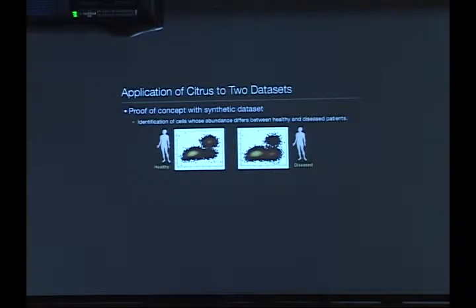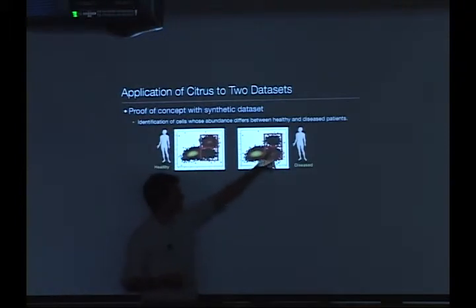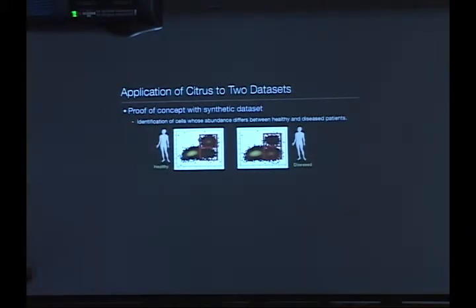Okay, so the two examples that I'm going to show you, one is just a very simple, trivial synthetic data set that I've generated just for the purposes of illustrating how the method works. In this case, we have a bunch of healthy patients and a bunch of diseased patients. We have data that's measured in just 2 dimensions, and the healthy patients have lots of cells up here and not a lot of cells here, and that's flipped in our diseased patients.